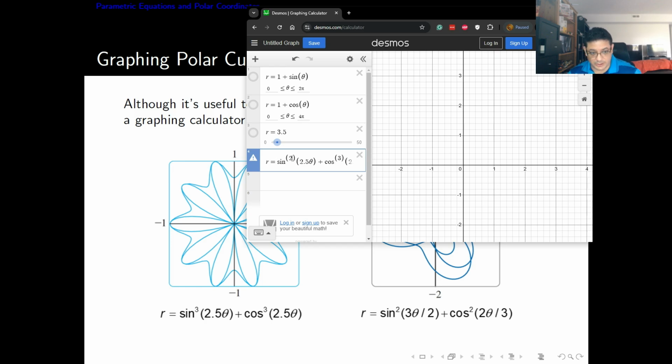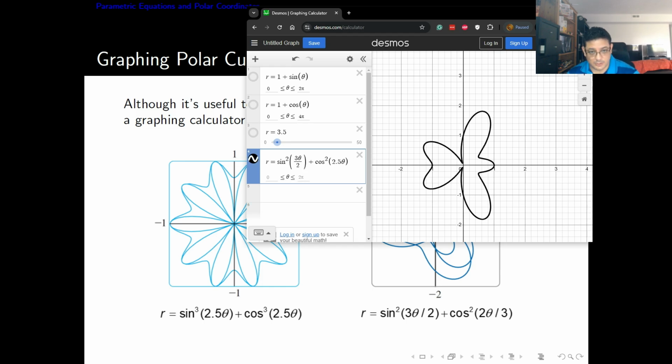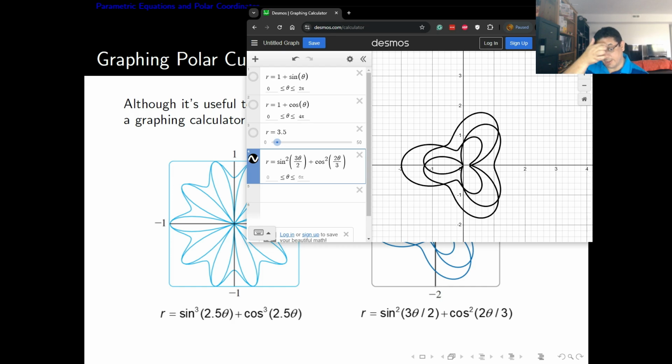Let me try instead the second one. I've got to figure out why it's not letting me use it. Yeah. Now it's probably going to produce what I was expecting, and now it actually lets me do it.